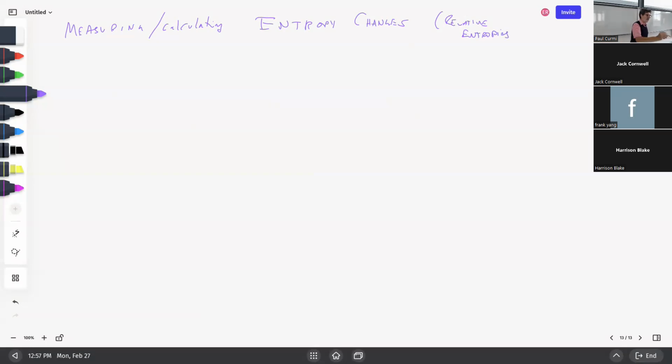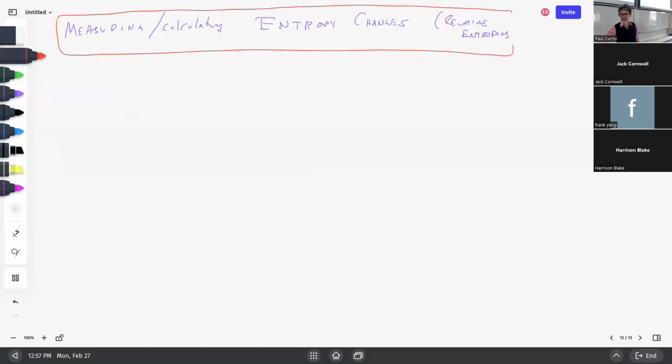Okay, so I can't measure it absolutely, but I can measure it. So basically what I have, I've got entropy is a state parameter. So change in entropy in going from A to B is path independent.